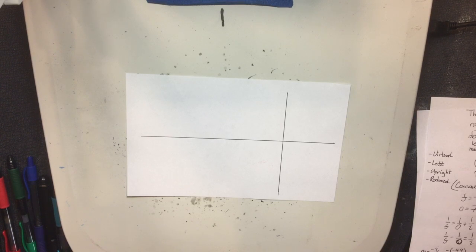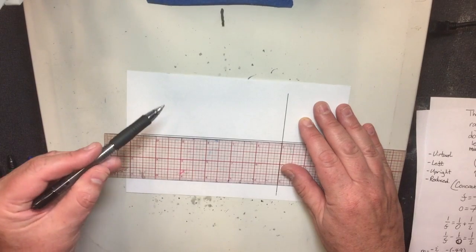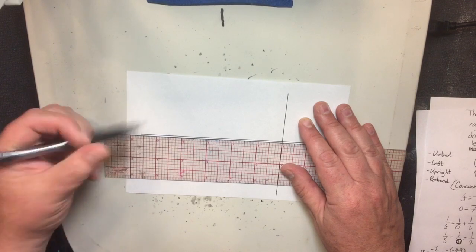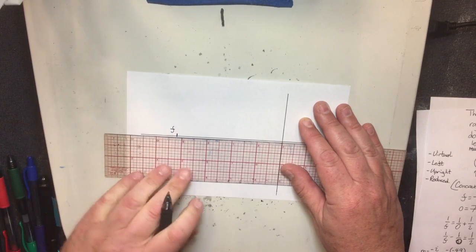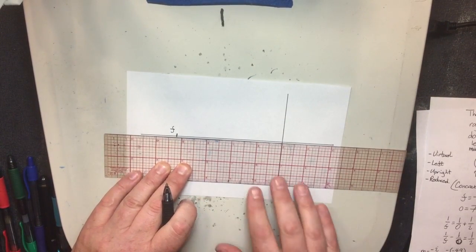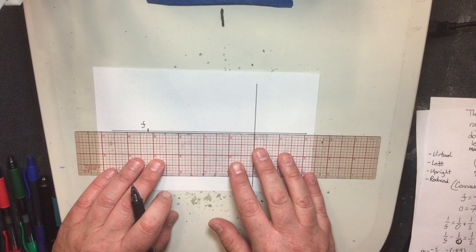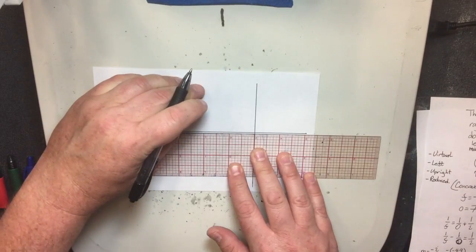Focal length is negative 16.7. That's the biggest number we have. So I'm going to do 4, 8, 12, 16. I've got a big block as 4. So 4, 8, 12, 16.7 means that the focal point is there. Now obviously there is a focal point over here, and I'm just going to keep that in mind.